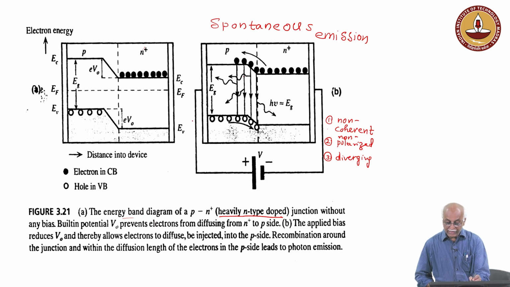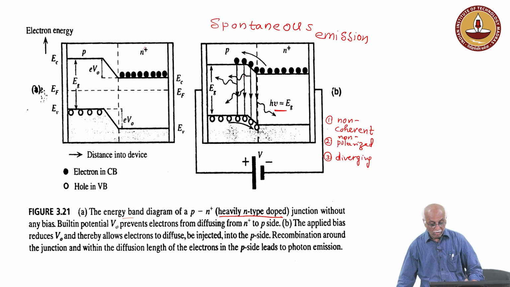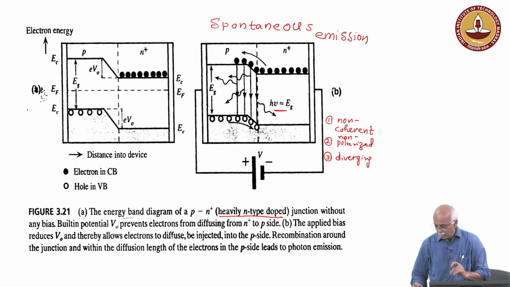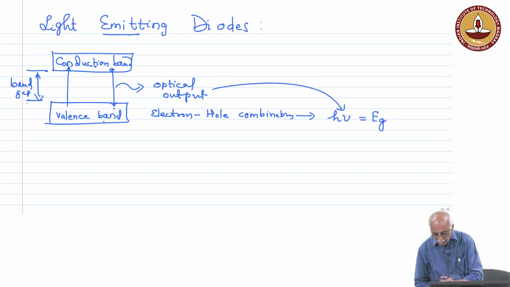When they are excited, they will emit at the junction region light which is non-coherent. Now, this emission bandwidth will decide the photon emission. In fact, I will show you now.